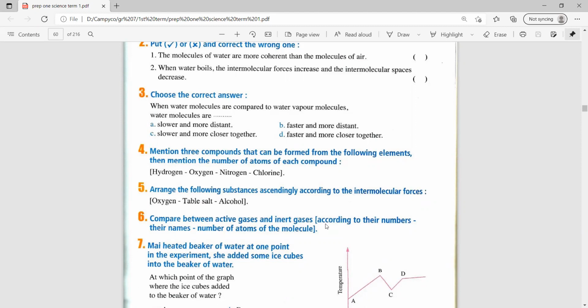Mention 3 compounds that can be formed from the following elements. We have hydrogen, oxygen, nitrogen, and chlorine. I want the 3 compounds. First one. Water, and ammonia.